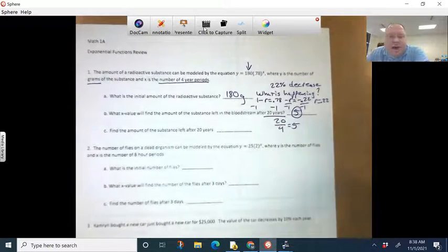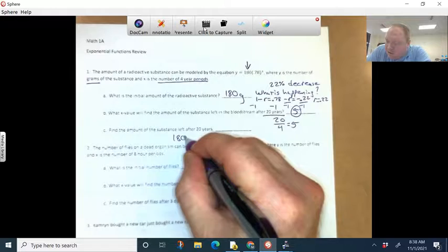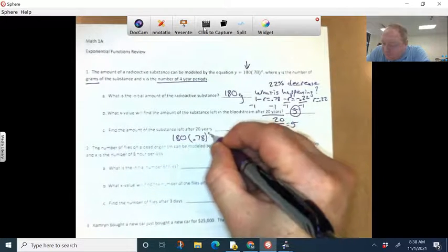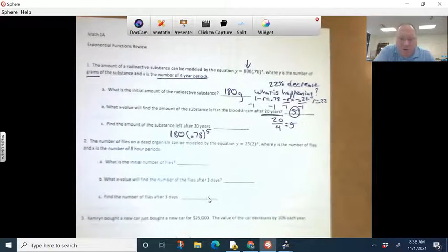So they want us to find the amount of the substance left after 20 years. Okay, so this is what I'm going to put into my calculator. I happen to have mine here that I'm able to bring up for you.